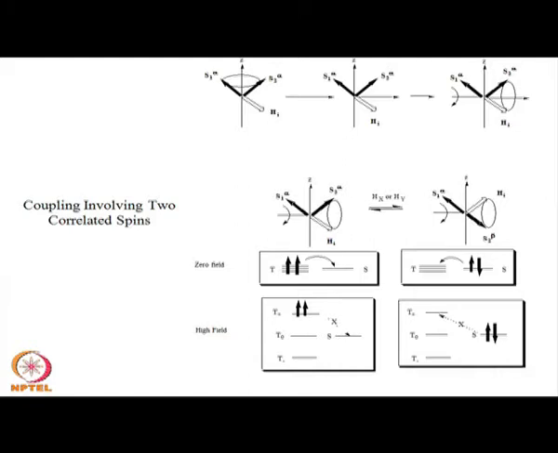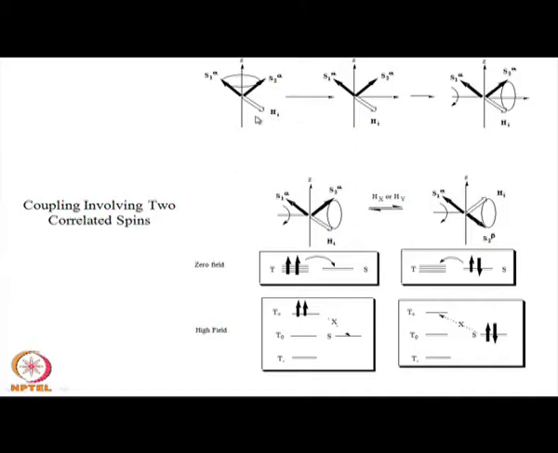So, coupling involving two correlated spins: you see that you have this spin 1 and spin 2, both alpha spin, and this is another magnetic moment due to the internal field.